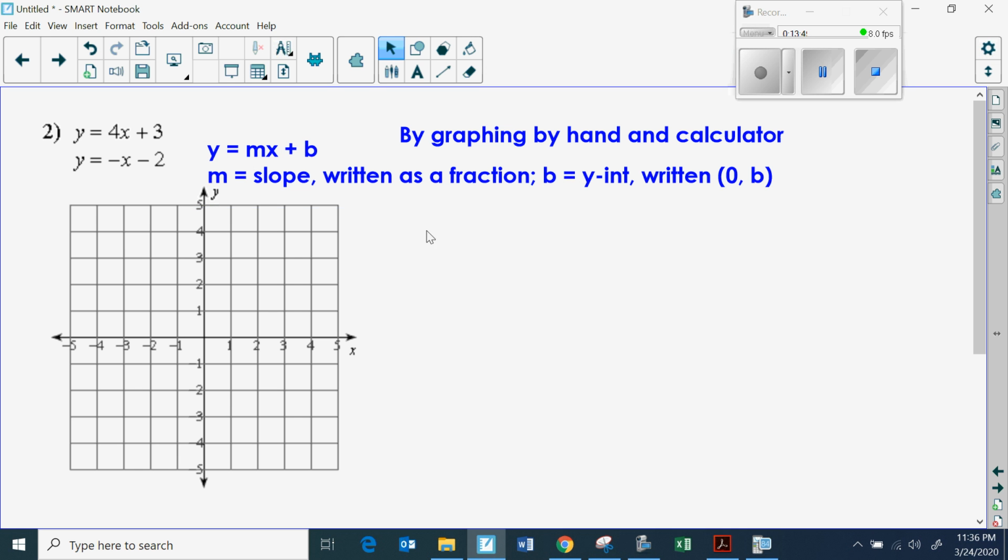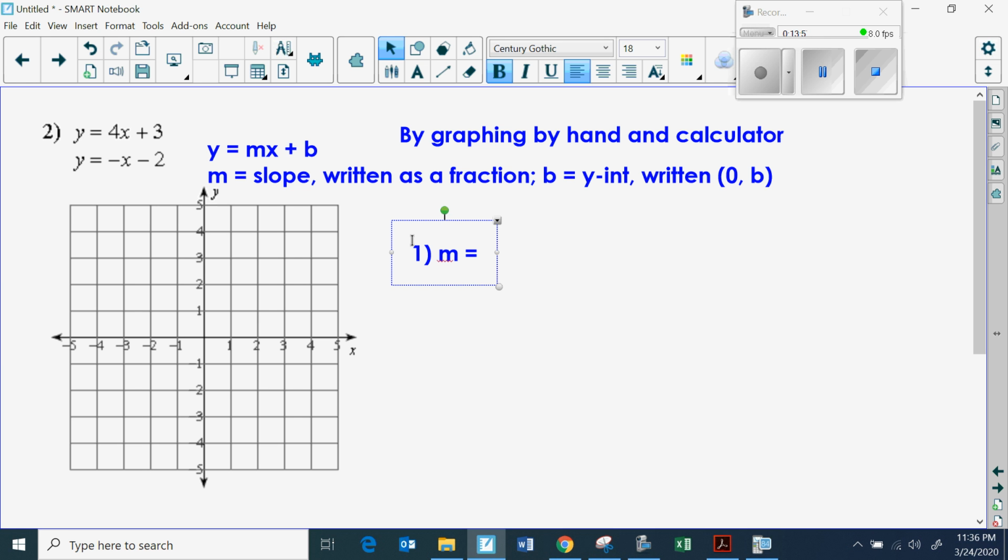Okay, so for equation 1, our m equals 4 over 1, and b equals 0 comma 3.